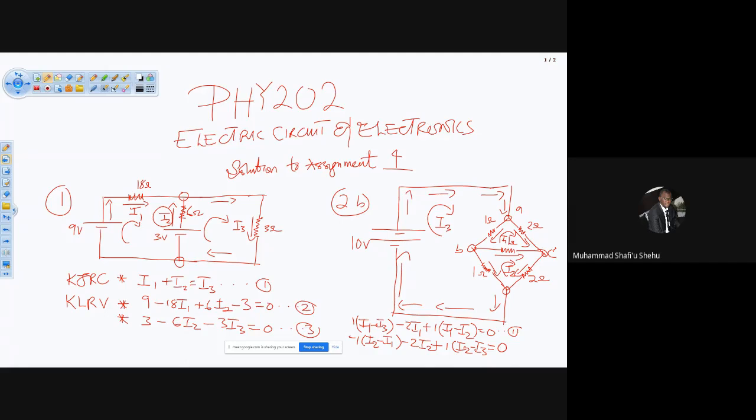And then our equation 3 is 10 minus 1 into I3 minus I1 minus 1 into I3 minus I2 equal to 0.